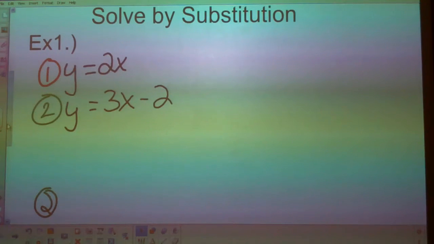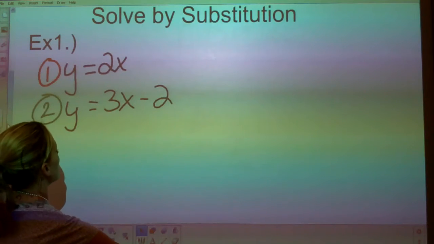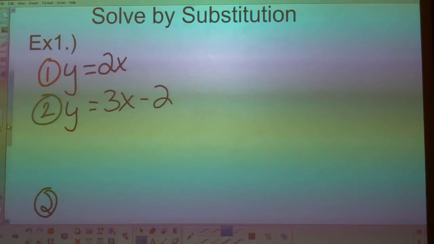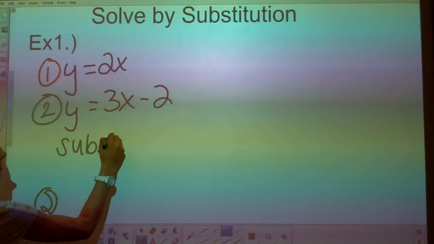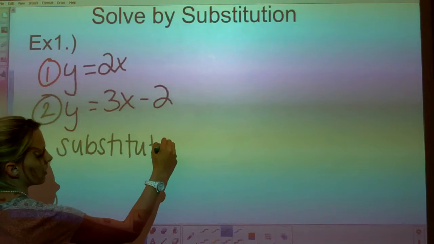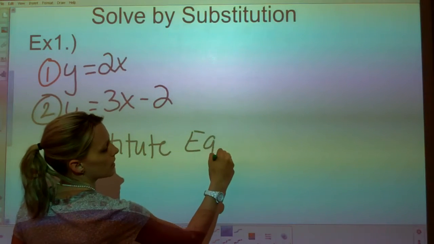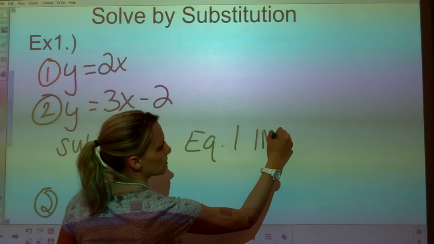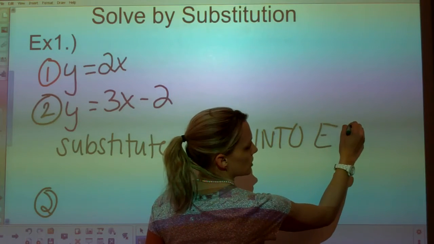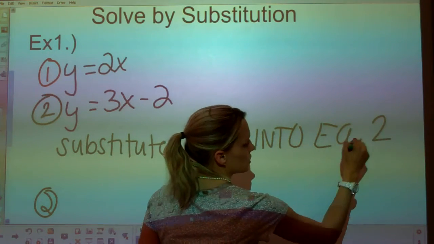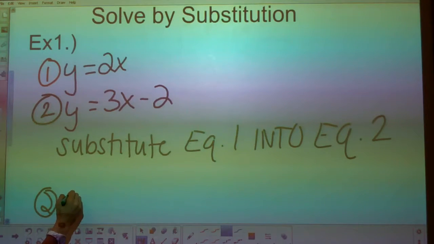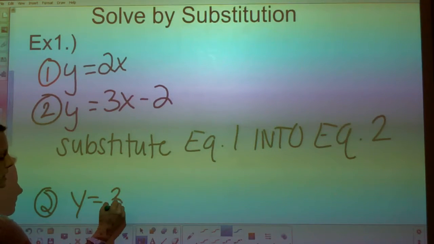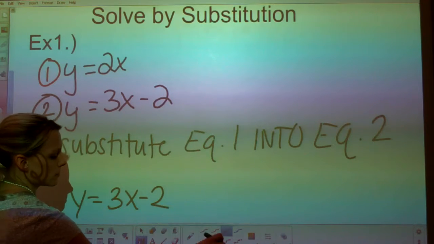So we are going to substitute equation 1 into equation 2. So rewrite equation 2, which is y equals 3x minus 2.